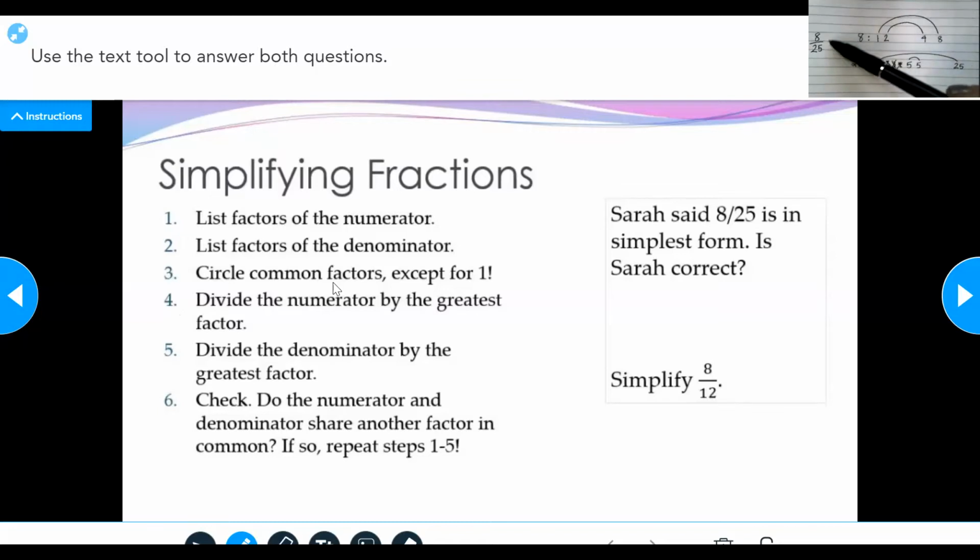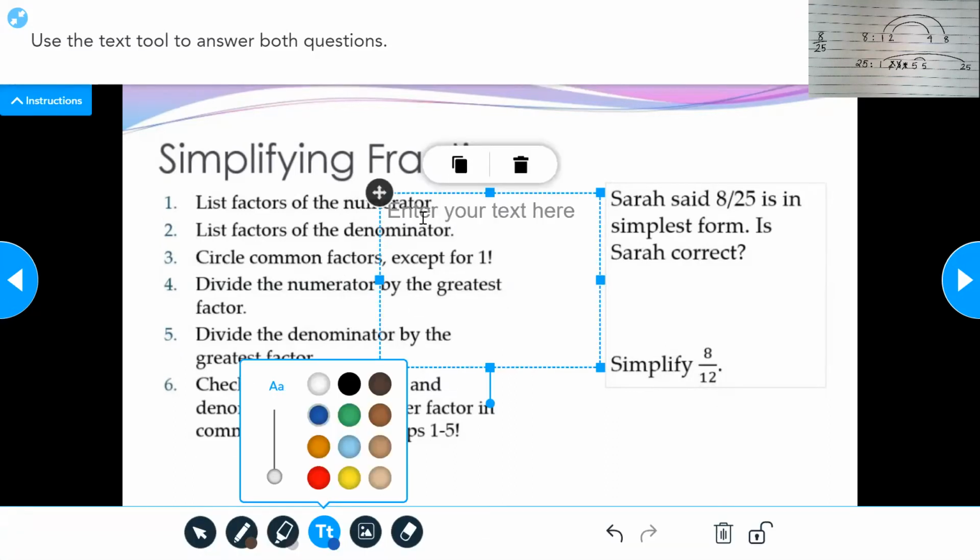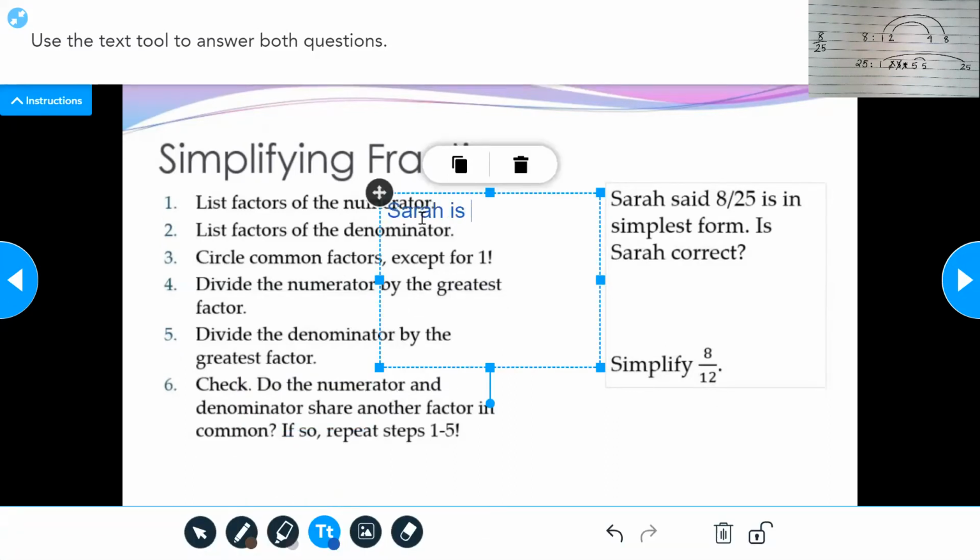And I can't because they don't have any factors in common. So this means that 8/25 is actually in simplest form. So is Sarah correct? Sarah is correct. 8/25 is in simplest form.